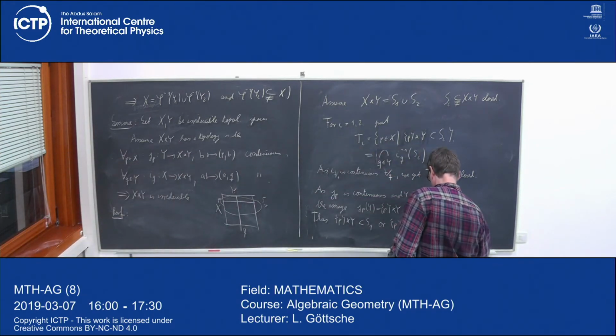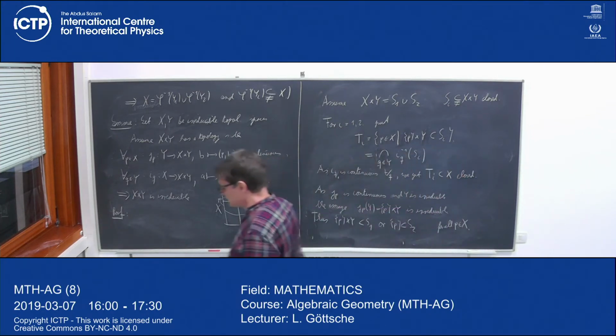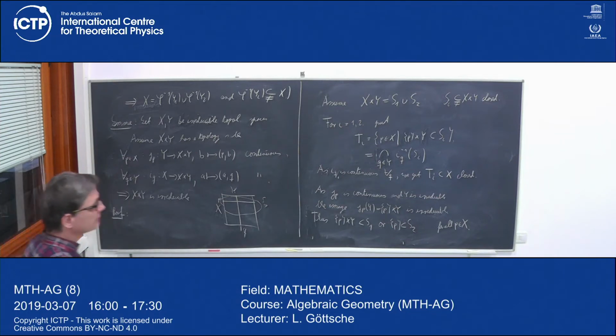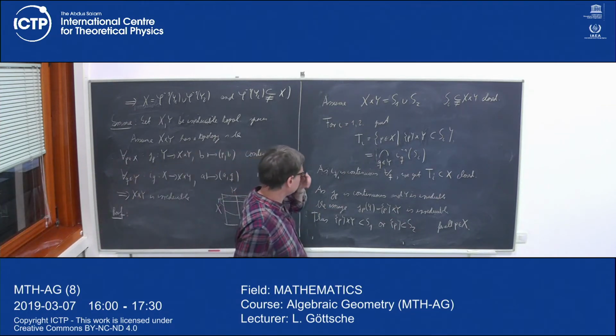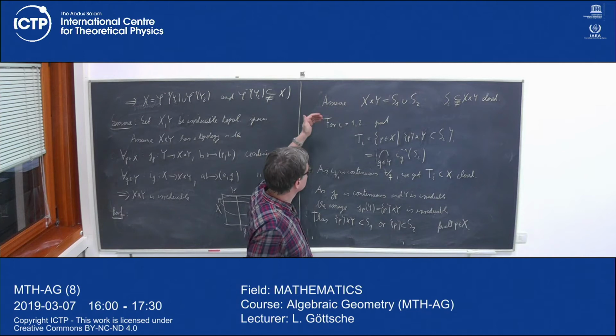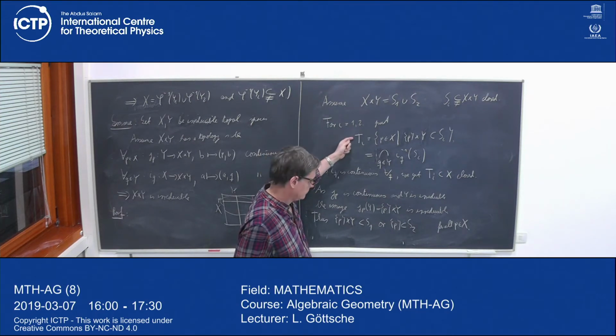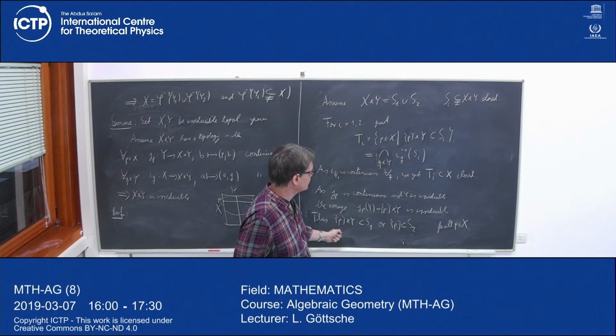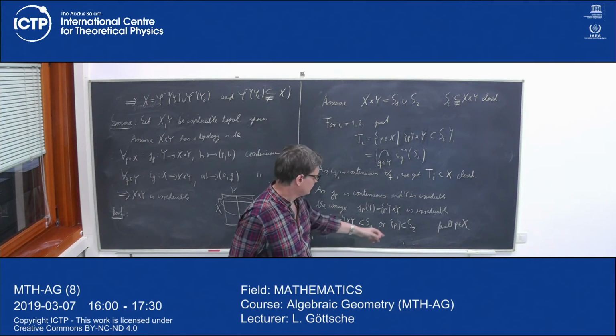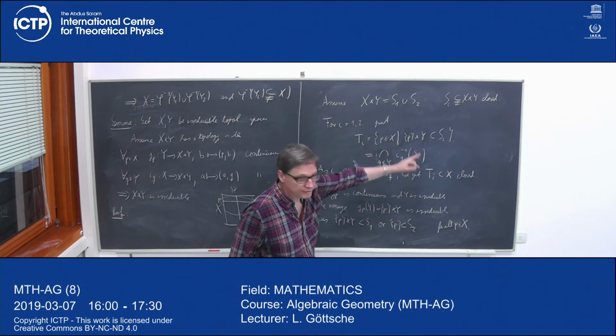But that says that X is the union of T1 and T2, because either P times Y lies in S1 or it lies in S2, so it's precisely that.